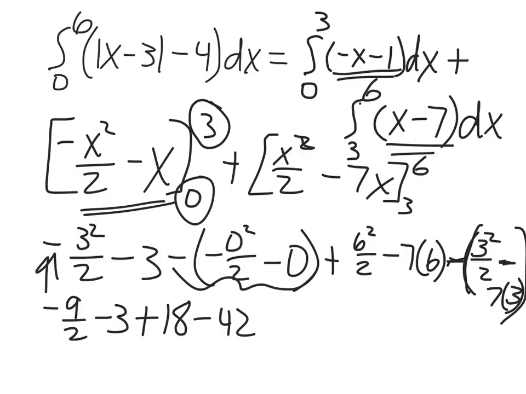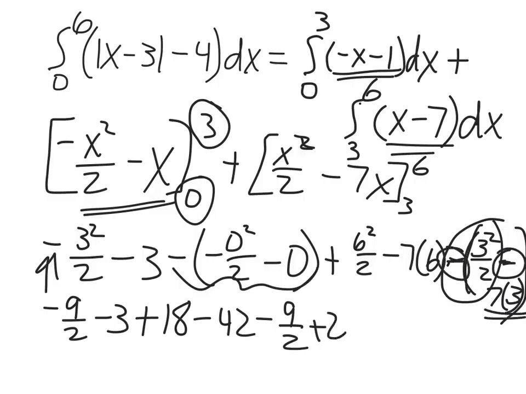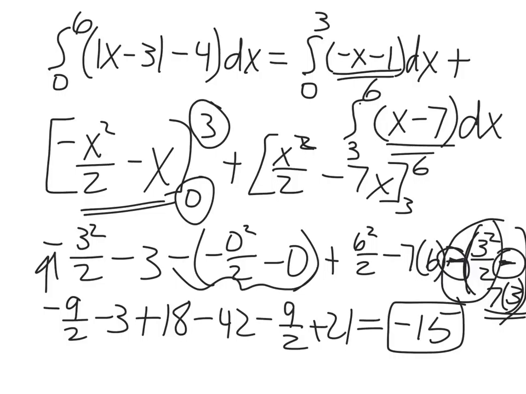We'll have minus 9/2 for this part, but then we subtract a negative 21, so we'd have plus 21 on that one. And now add all these together, and we end up with what? So we get a value for this definite integral of negative 15.